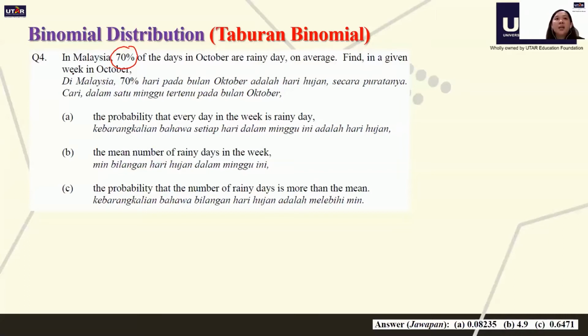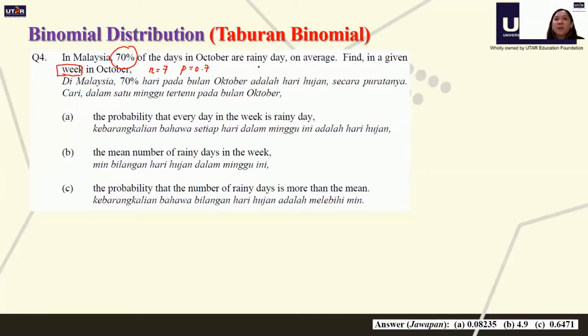Find in a week only. They don't find for the whole month, only in a week. So 1 week, we know we have 7 days. So n is 7, and the probability will be 0.7 if I refer to the question of rainy day, right?